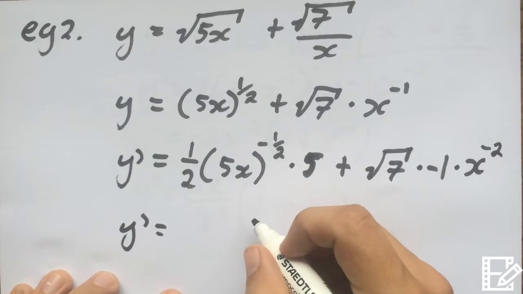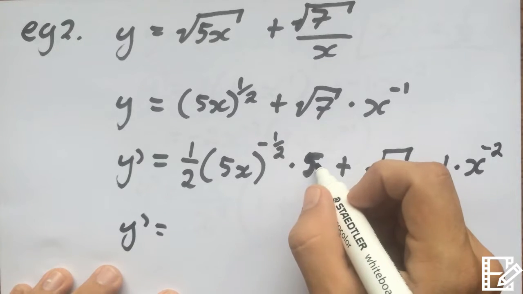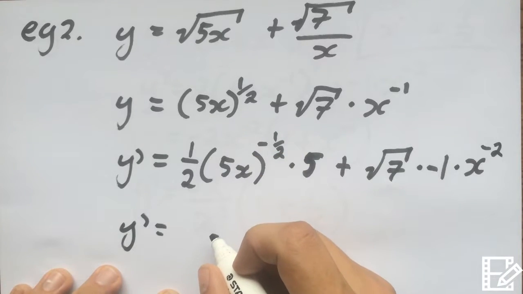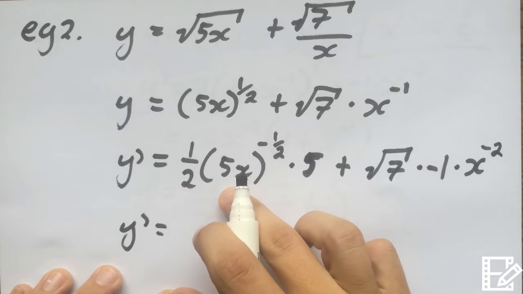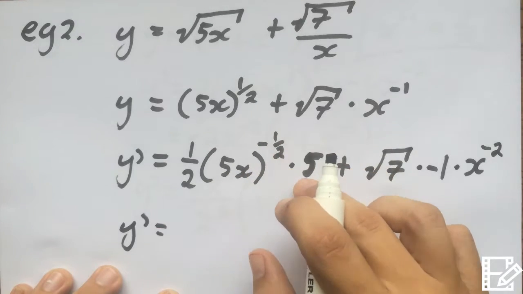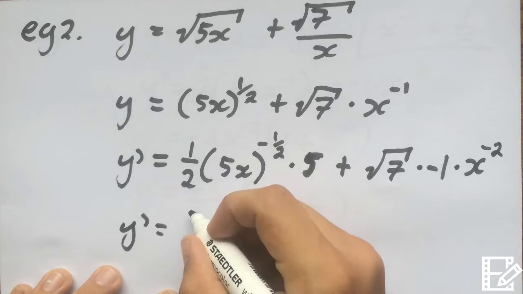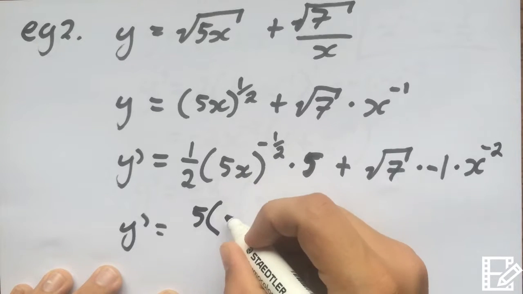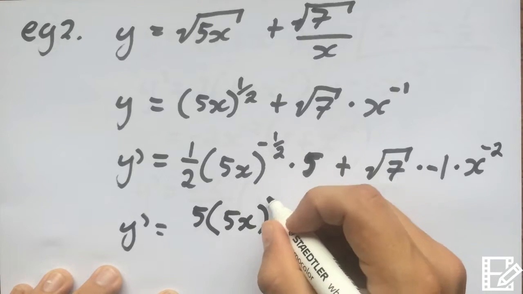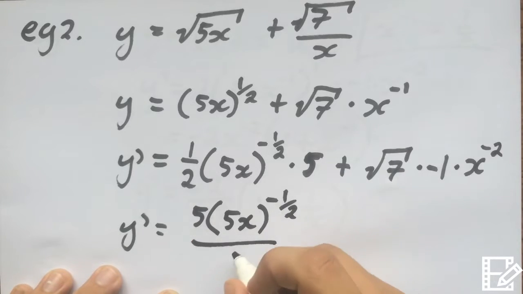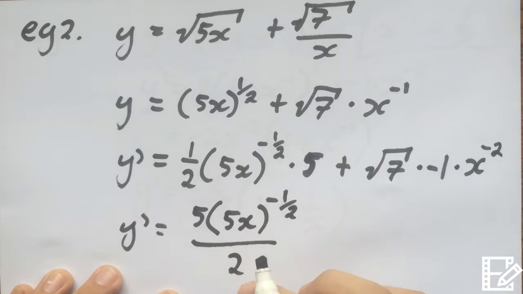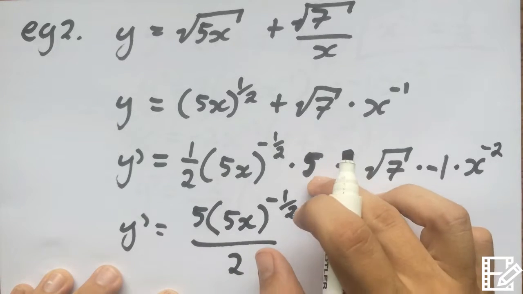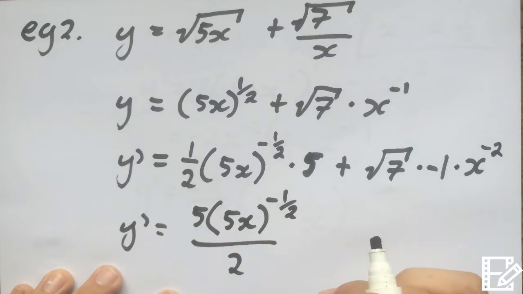Okay, so I'm going to rearrange and simplify here. I'm going to multiply the half onto the 5x to the power of negative a half, and I'm going to multiply the 5 on. So it's going to look something like this. What I've done is multiplied the half to it, which brings a 2 on the bottom, and then I've multiplied the 5 on top of that, which brings it on the top.